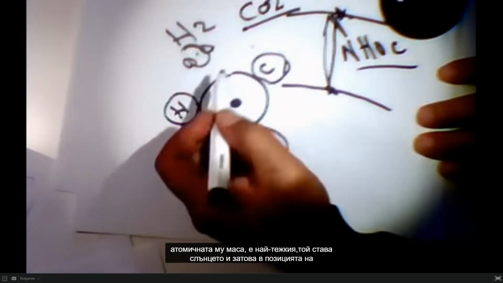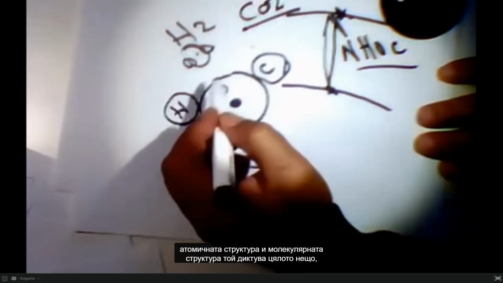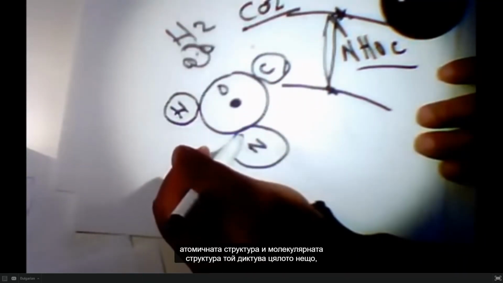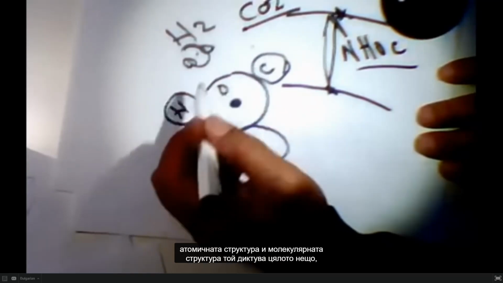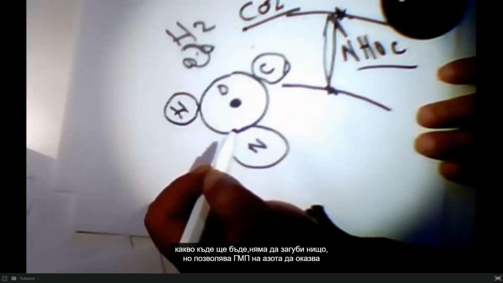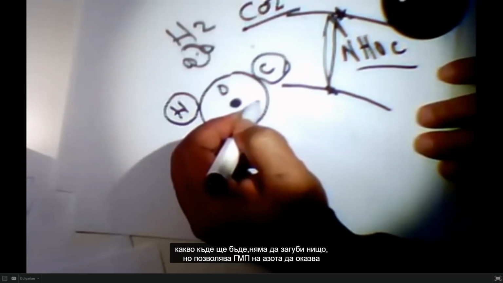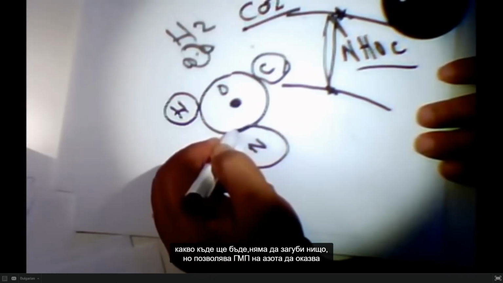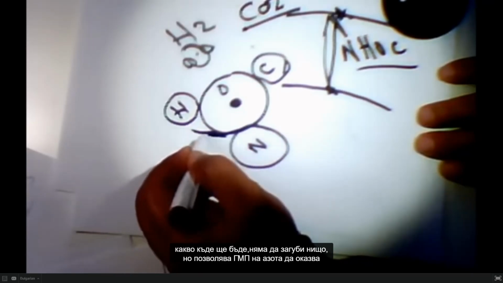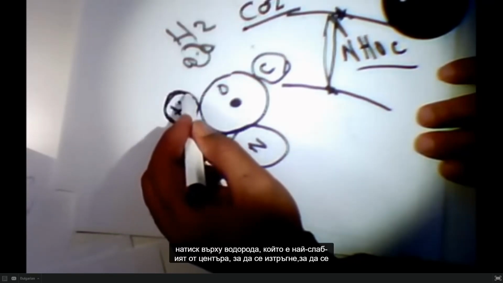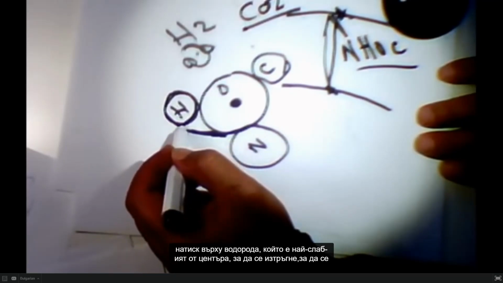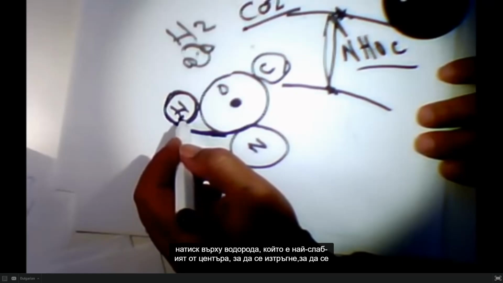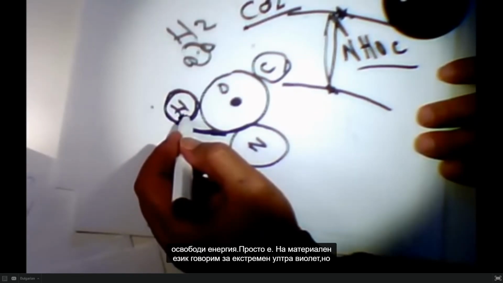That's why in the position of the atomic structure and the molecular structure, it dictates the whole thing, where it's going and who's going to be where. It's not going to lose anything, but it allows the gravitational magnetic field of the nitrogen to put pressure on hydrogen, which is the weakest, out of the center, to be squeezed out, to release energy.